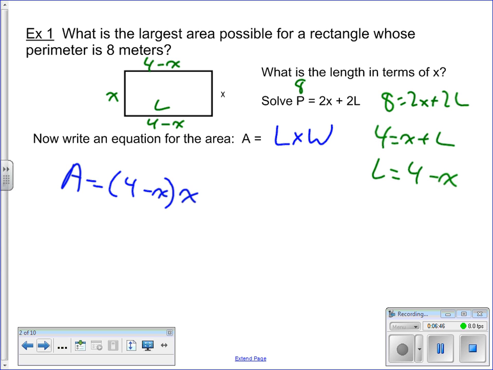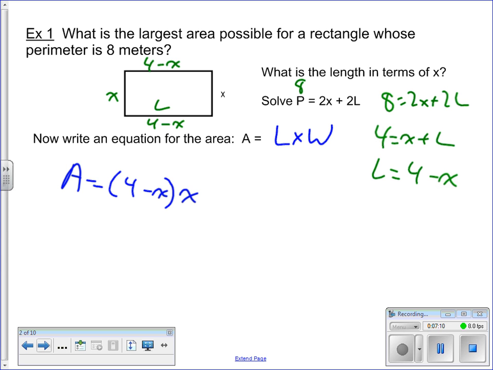What's the smallest area I can find? Think about it. I can have one even smaller than that. In theory, I can have an area of 0.